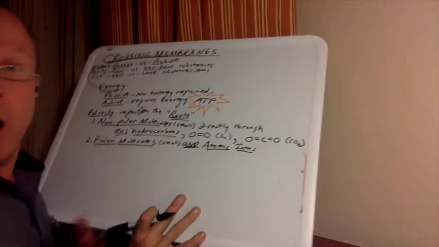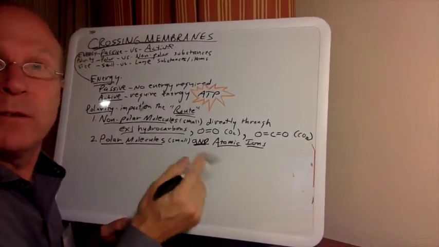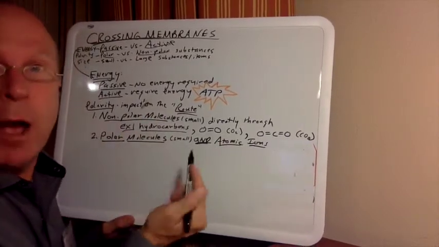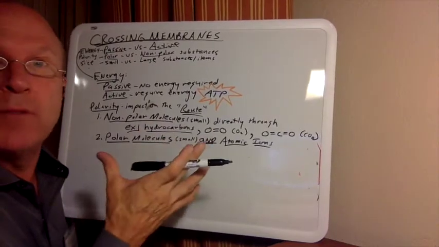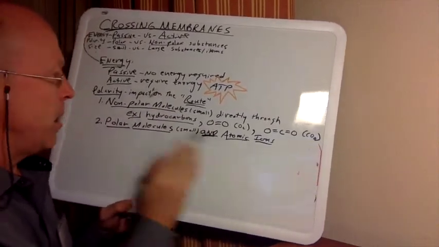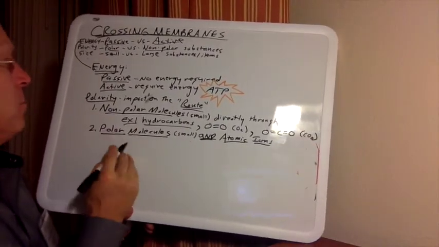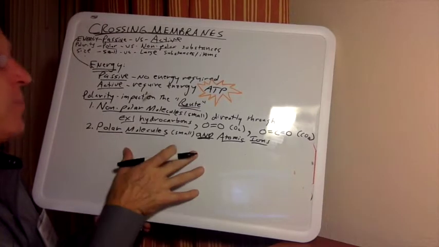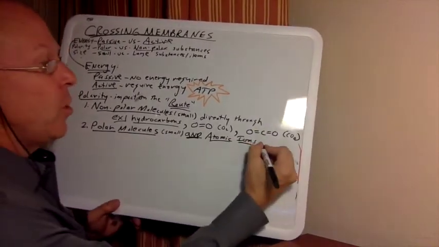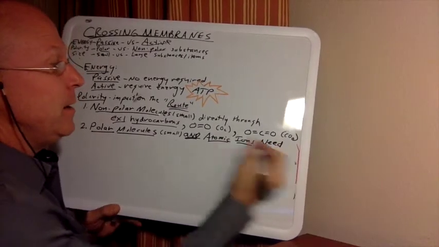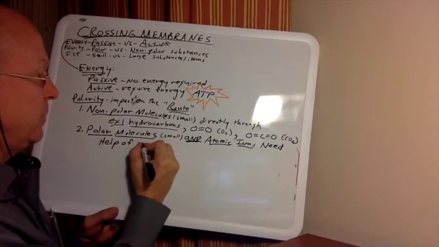What I mean by atomic ions here is that atomic ions are atoms, so cations or anions. We're not talking about molecules themselves that have ionized. So atomic ions and polar molecules, two things. How do they get across membranes? These guys have to go through proteins. So they need the help of proteins.